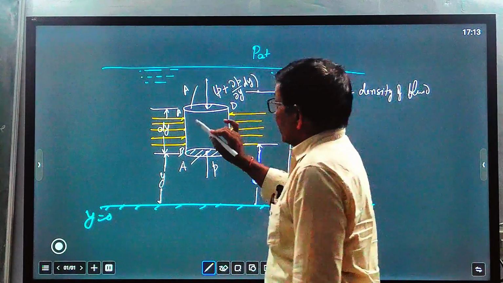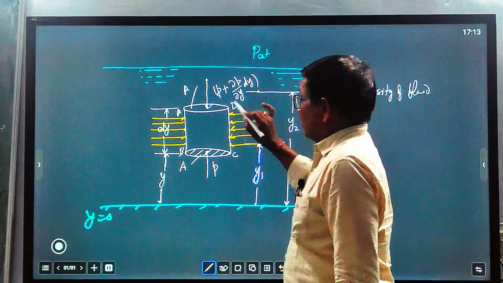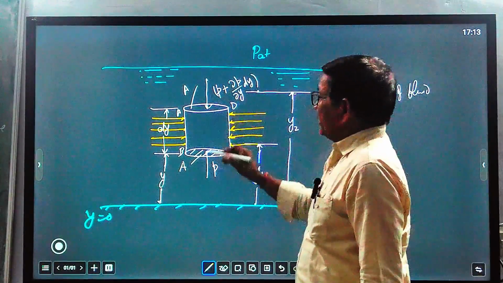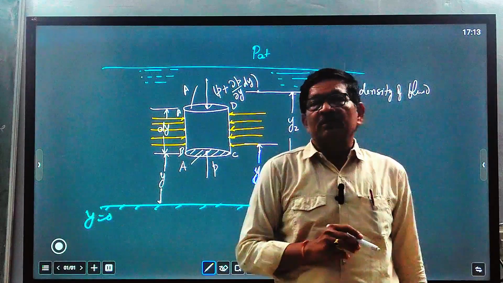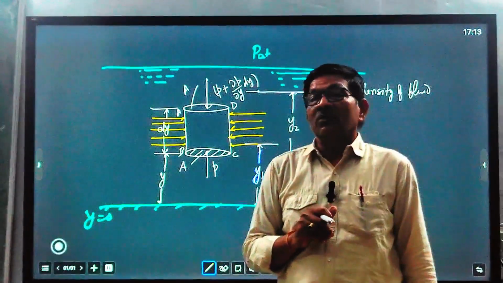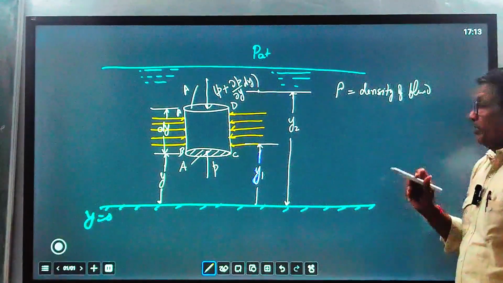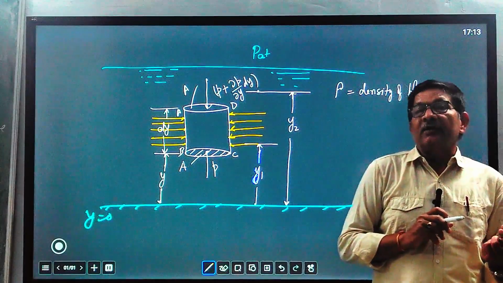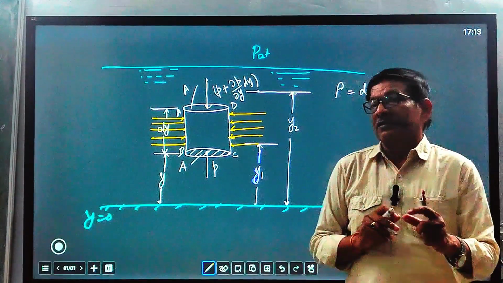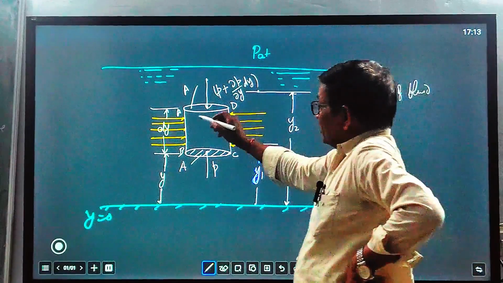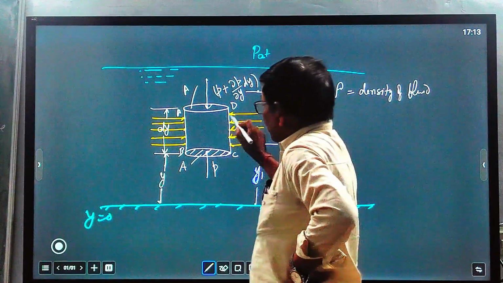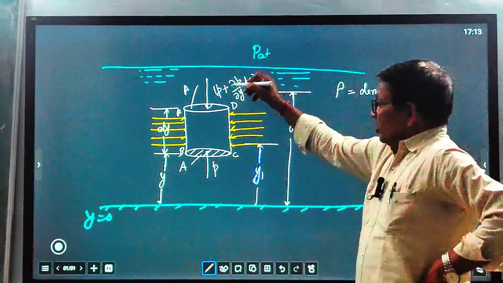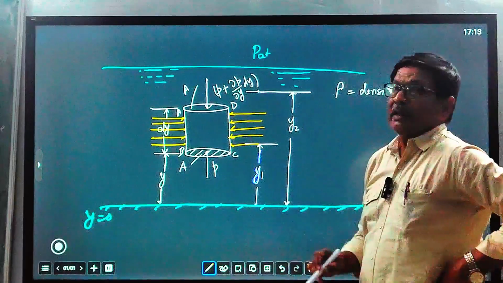Along the height, the pressure acting on the surface will be cancelled out, because Pascal's law states that the intensity of pressure at any given point or at the same level is the same everywhere. So the pressure forces along the length of the cylindrical element are cancelled out.